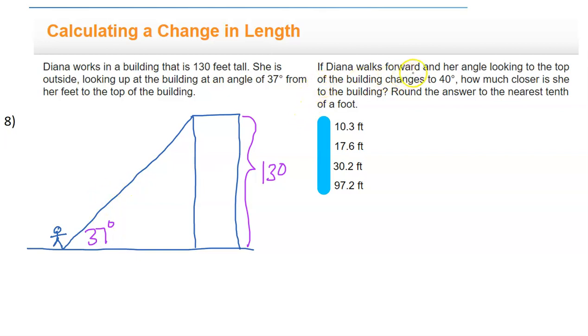If Diana walks forward and her angle looking to the top of the building changes to 40 degrees, how much closer is she to the building? Well, we're talking about how far Diana is from the building. So let's start by finding out her distance right now.